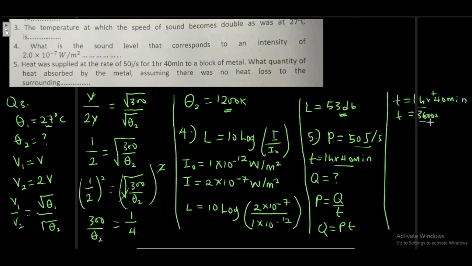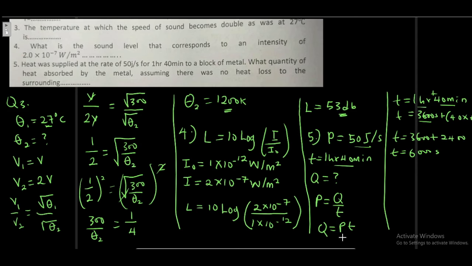So here we're going to have 3,600 seconds plus 40 minutes. 40 minutes to seconds will be 40 times 60. So that will give us time to be equal to 3,600 plus 40 times 60. That will give us 2,400. Adding this up, we're going to have time to be equal to 6,000 seconds.